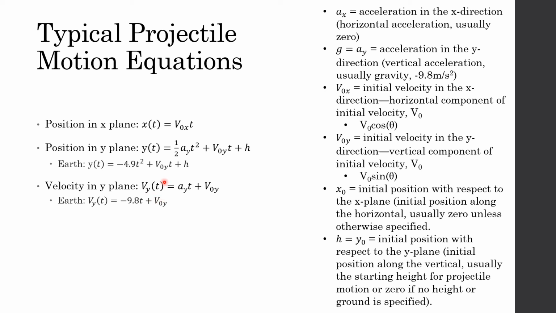So Vy of t is equal to Ay times t plus V0y. Your vertical acceleration times t plus your initial velocity in the vertical. And of course, we use this equation all the time when we're trying to figure out what time a projectile reaches its highest point. We set this equal to 0, and then we calculate what the time is.